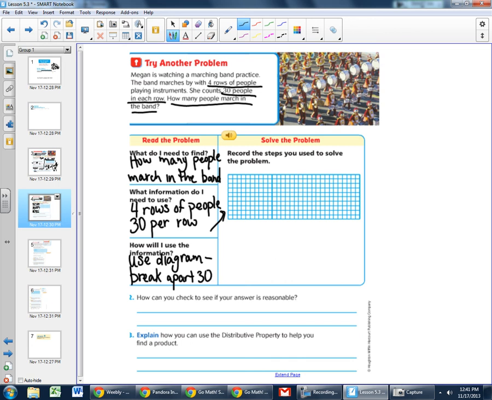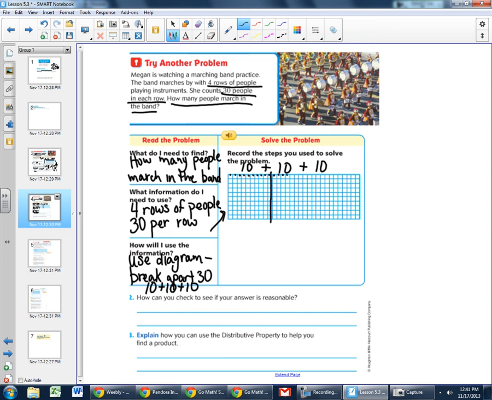And you know an easy way to break apart 30 would be 10 plus 10 plus 10. So we're going to make a 10 plus 10 plus 10 diagram. So I'm going to count out 1, 2, 3, 4, 5, 6, 7, 8, 9, 10. There's a 10.